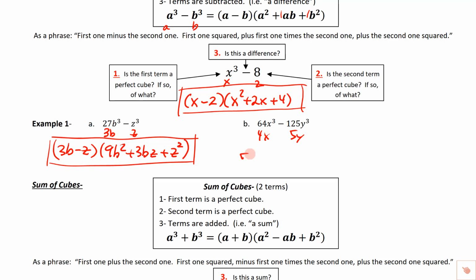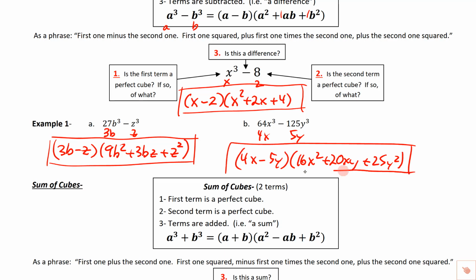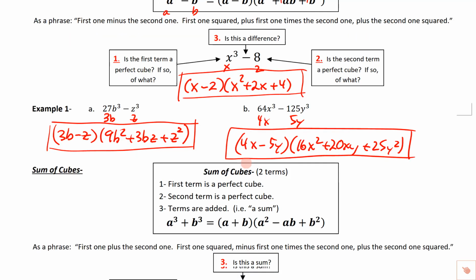So this is going to be 4x minus 5y. And then it's going to be the first one squared, so that's going to be 16x squared. The two of them multiplied together, so that's going to be 20xy. And then the last one squared, so this is going to be 25y squared. Close that off, box that in. And there is our answer, okay?